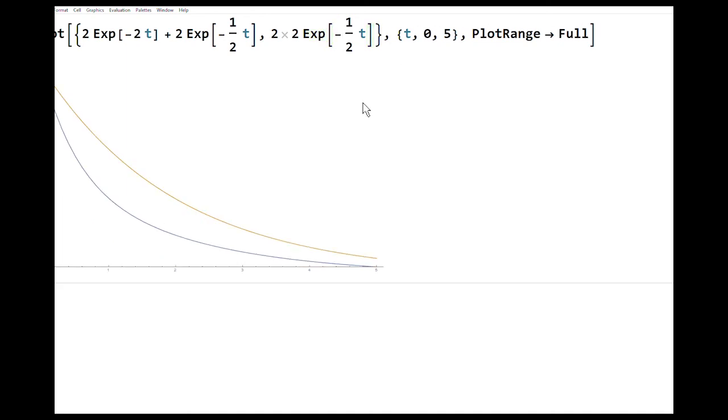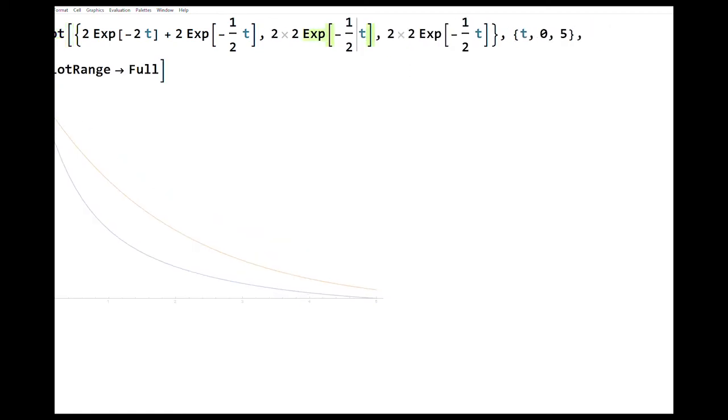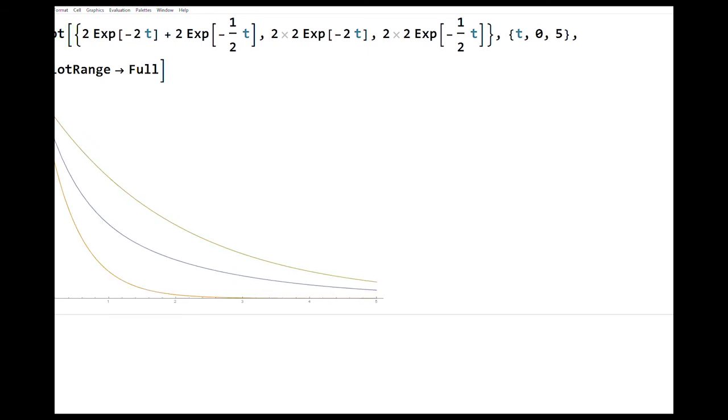Okay. So notice, here I scaled both of them. I scaled the slow response, and then let me scale the fast response component of the response by 2.